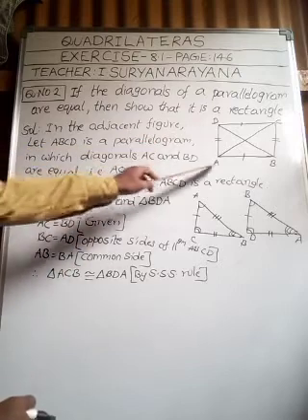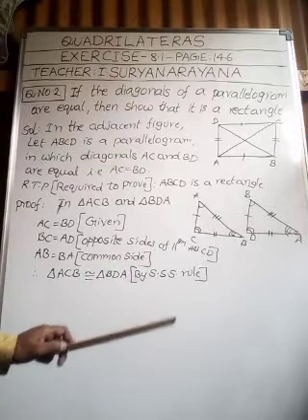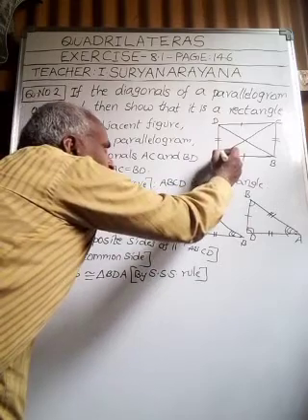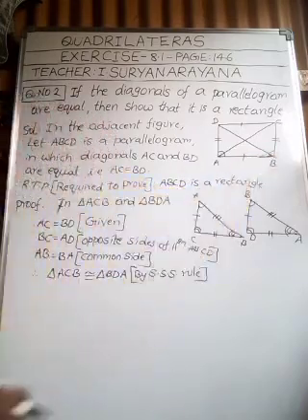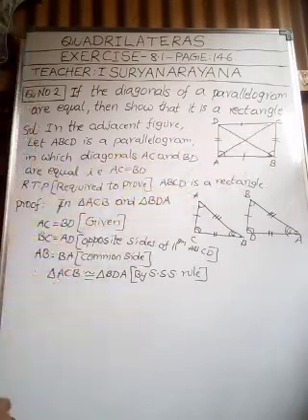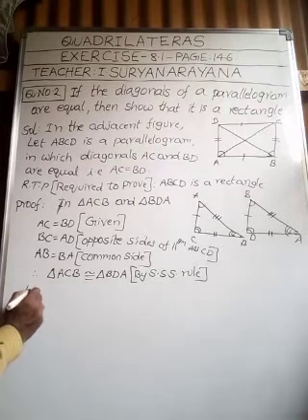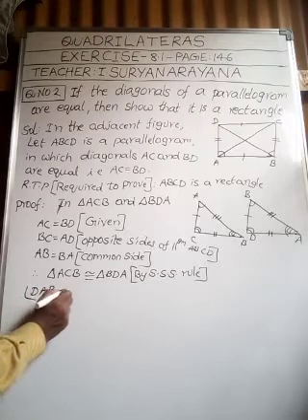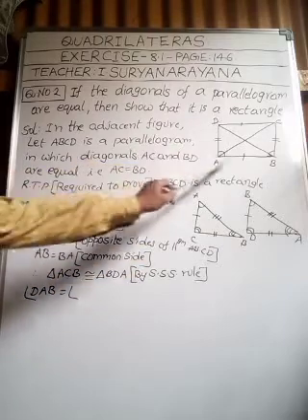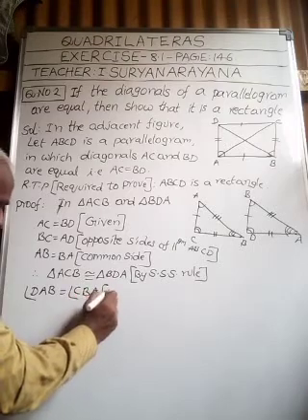So angle DAB is equal to angle CBA. I am taking these two angles, angle DAB and angle CBA. Angle DAB equals angle CBA by CPCT.